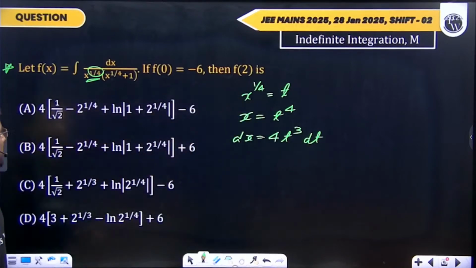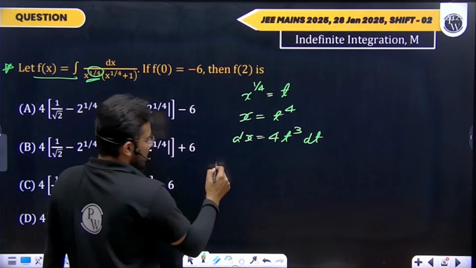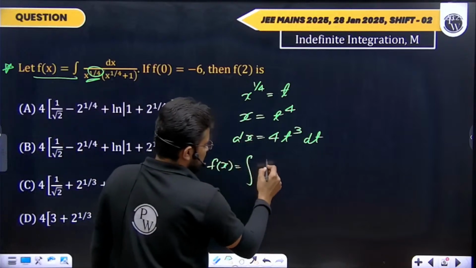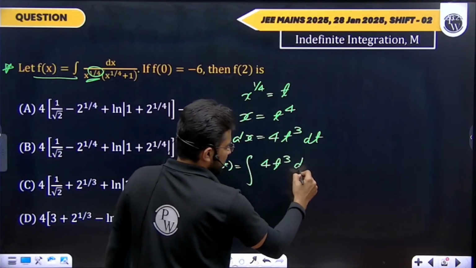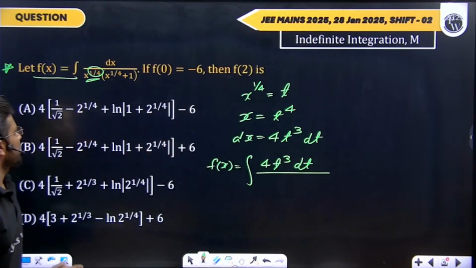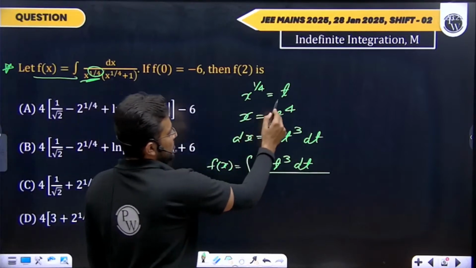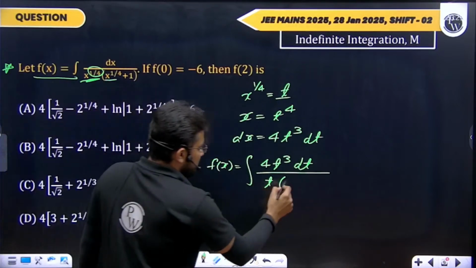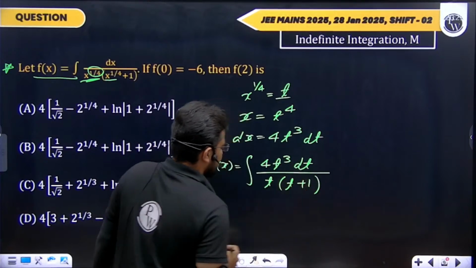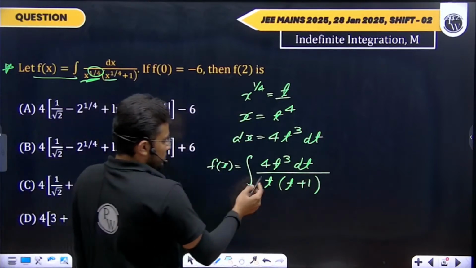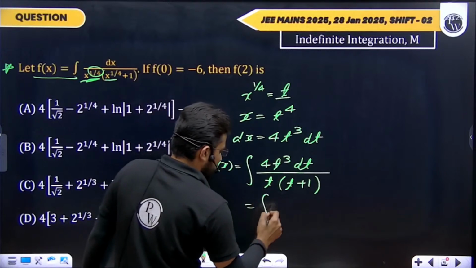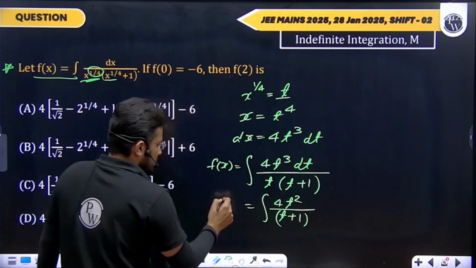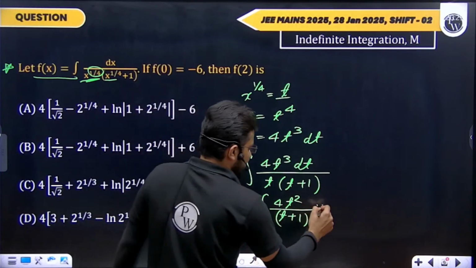If we substitute the values in this integration, f of x will be the integration of dx replaced by 4t cube dt, divided by x raised to 1 by 4 replaced by t, into t plus 1. We will cancel the t, then 4t square divided by t plus 1 dt.